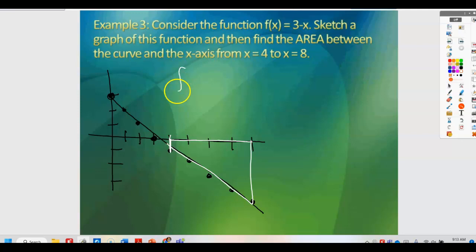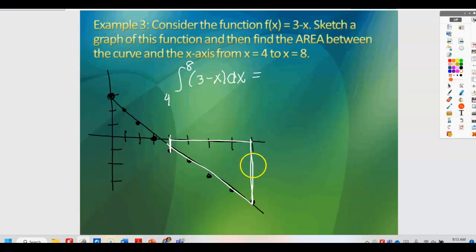So if you were finding the integral from 4 to 8 of 3 minus x dx, or that curve, what shape has it created? There's 2 flat sides. Trapezoid. So that's the trapezoid.